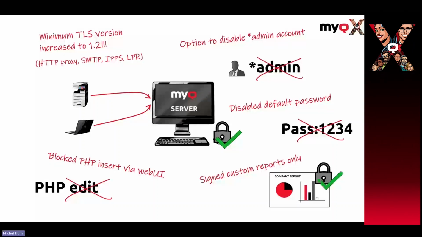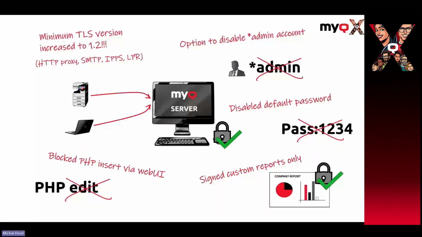The last highlight when it comes to security is related to reports. This one may actually affect some of the older customers if they'll be upgrading and they are using custom reports. Now, to increase the security, we decided that any report, any customized component of the system that should be put in, should be encrypted and signed to potentially prevent any modification of that, and that way putting a malicious code into the system.